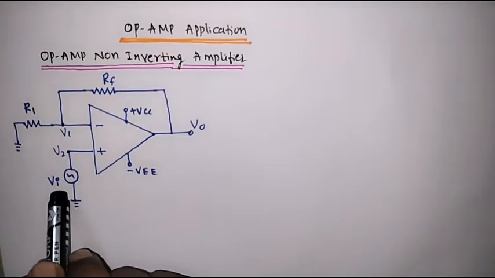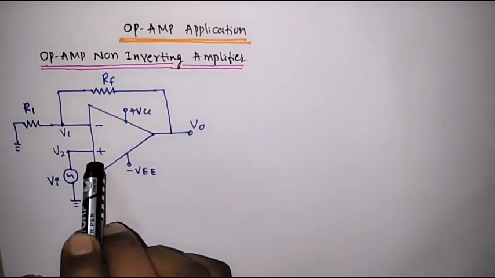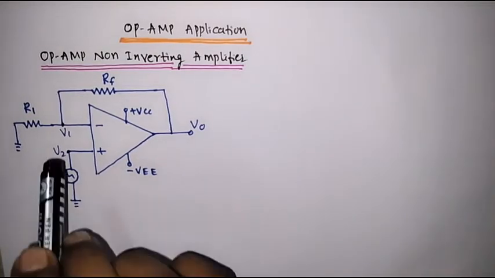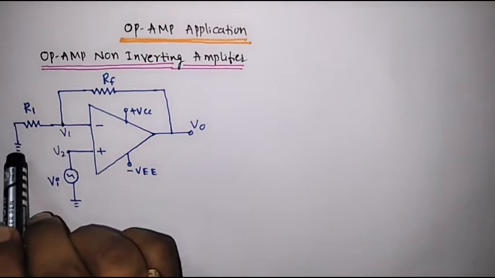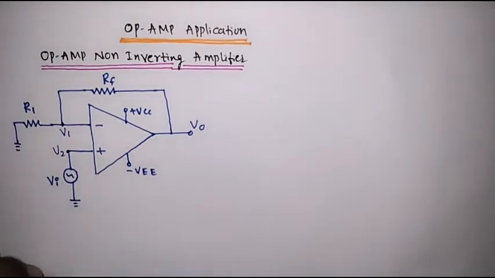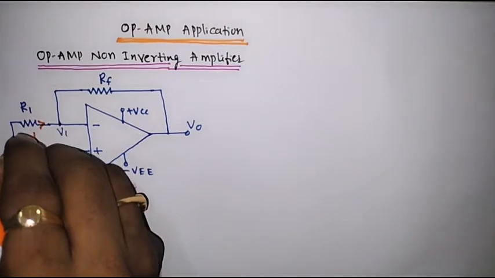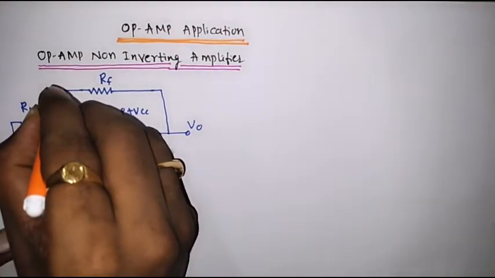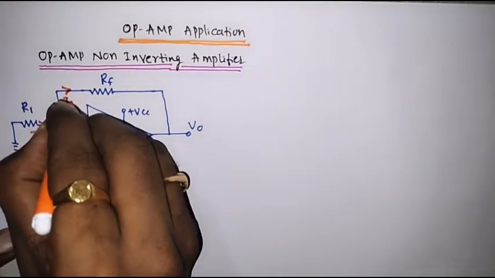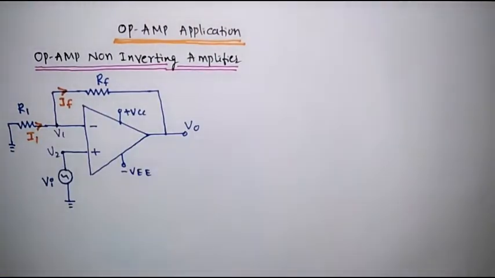Here the input voltage Vi is connected to the non-inverting terminal and the inverting terminal is connected to ground through resistor R1. We'll assume that the current through this path is I1 and the current through this path is IF.